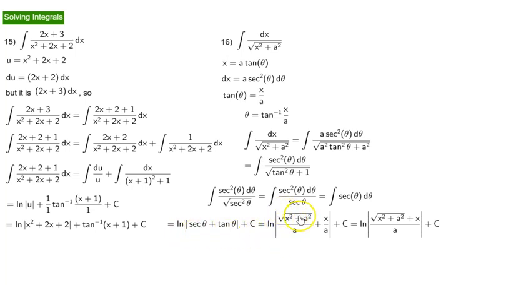That is going to be square root of x square plus a square by a, plus tan theta, which is x by a, plus c. Combining these two terms, we get natural log of absolute value of square root of x square plus a square plus x, the whole thing divided by a, plus c.